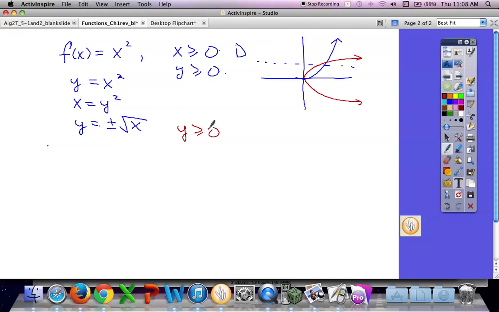The range of this is the domain of the inverse. In this case, it's all the same thing anyways. But what that means is this piece, which is below the middle, is not part of the inverse. It can't be. It's only this piece here. So I could take that part off.